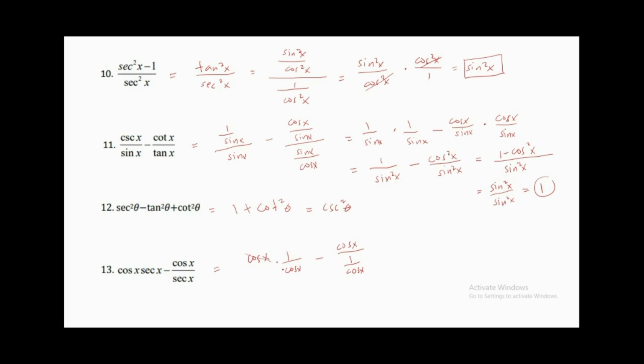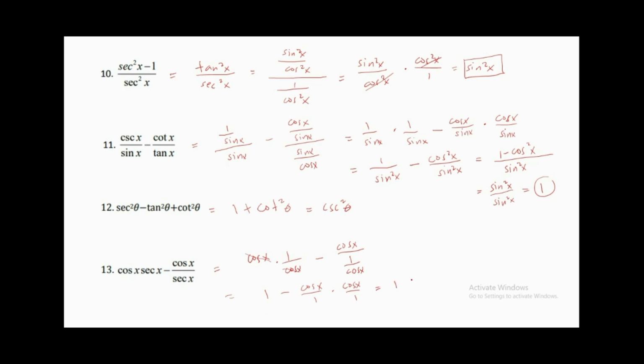So cancel this out, right? So what is left is 1. So 1 minus cosine x over 1 times the reciprocal of this, which will be cosine x over 1.